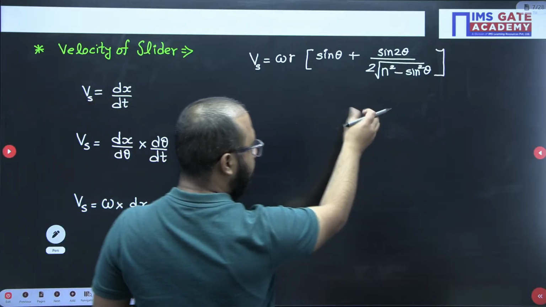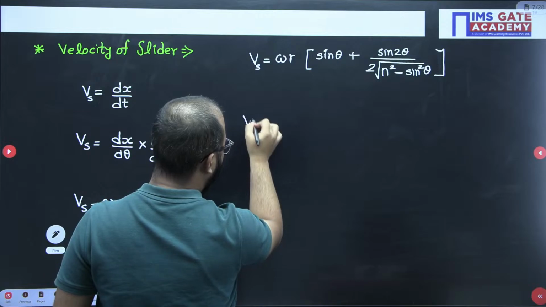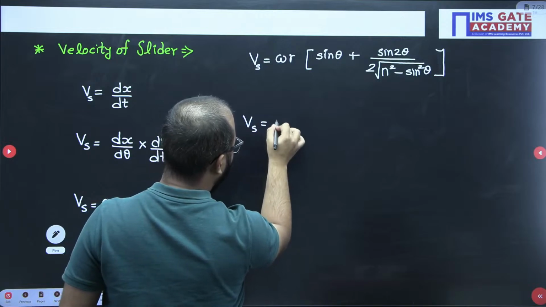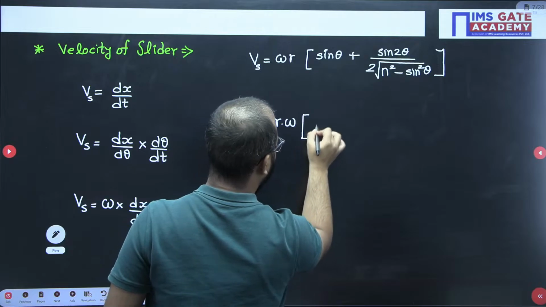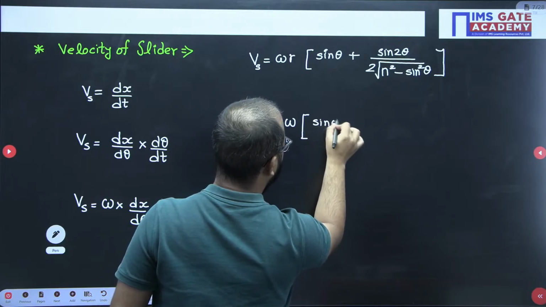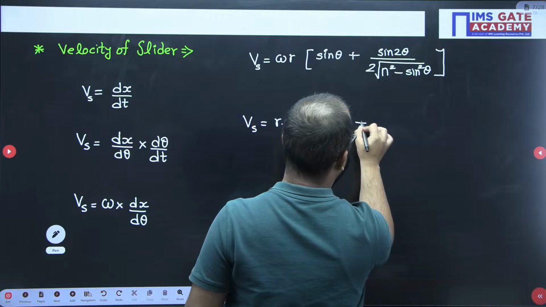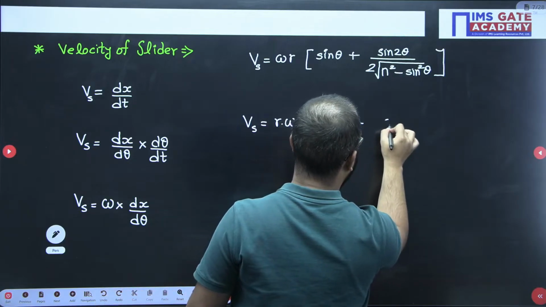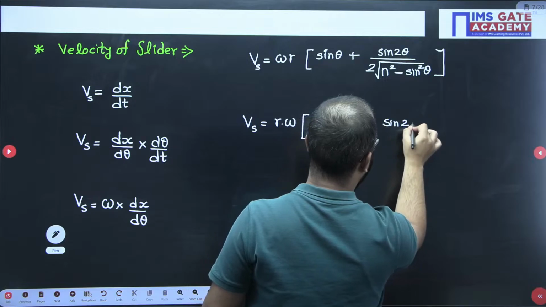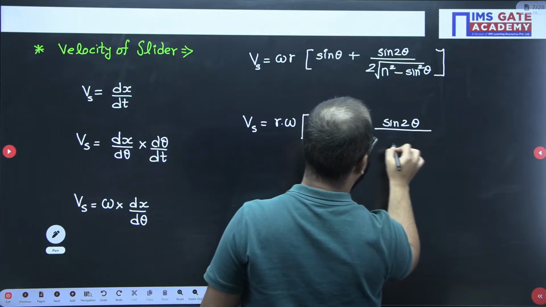Now let's do one simplification here. r omega, sin theta plus sin 2 theta divided by 2.